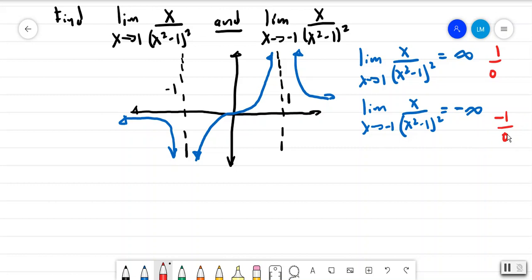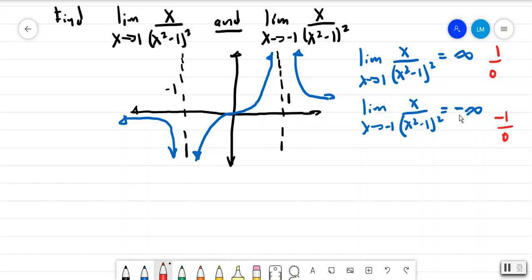Okay, now in this sense, it's no coincidence that you can see a correlation: for 1 over 0 it's positive infinity, and for minus 1 over 0 it's negative infinity. But don't be misled by that because, for instance, with functions like 1 over x, it's going to be positive infinity, but only from the left, and negative infinity, but only from the, actually, it's the other way around.